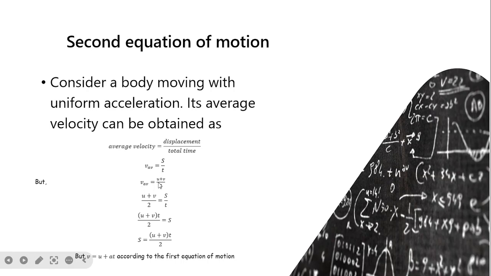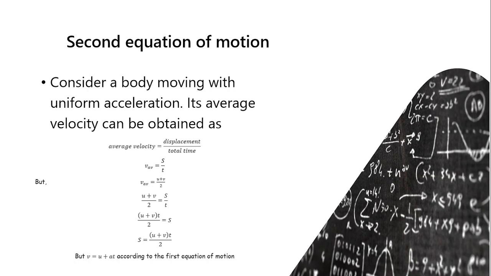Average velocity also equals the initial velocity plus the final velocity over 2. So the average velocity is also equal to s over t. Now if you cross multiply and make s the subject, s will be equal to u plus v over 2 times t. So s is equal to (u plus v) times t over 2.